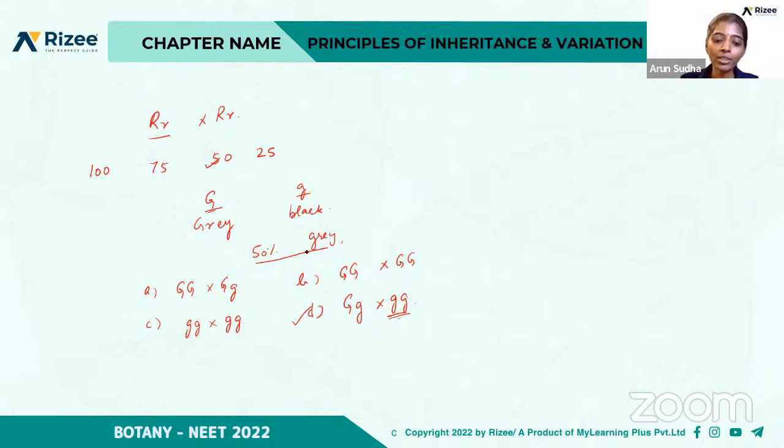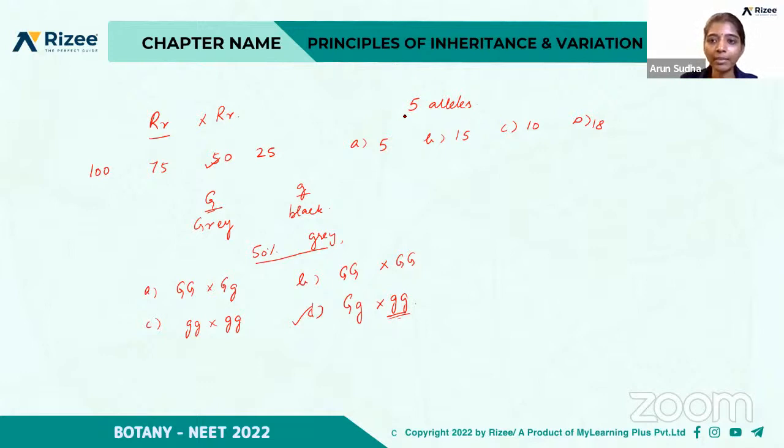And in a population, a multiple allelic gene contains 5 alleles. So in the case of multiple allelism, it has 5 alleles. Then the number of possible genotypes in that population would be: option A, 5; B, 15; C, 10; D, 18.